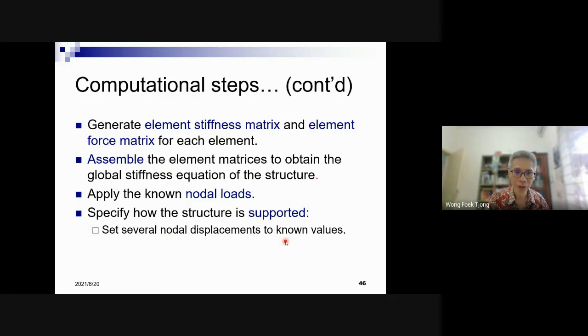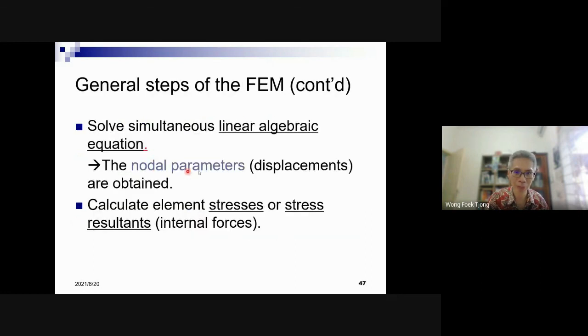After the solution, we will have the nodal parameters or displacements. Once we have displacements, we have actually passed through the major steps in finite element. The subsequent steps are called post-processing steps, to obtain the internal forces, for example bending moments, or internal stress.